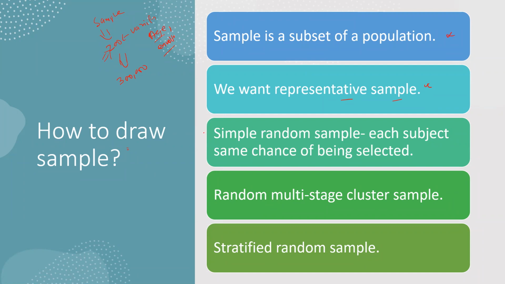One includes simple random sample, where each subject has the same chance of being selected. It looks for several varieties and randomly selects. So the first one is simple random sample. Second one is random multi-stage cluster sample.